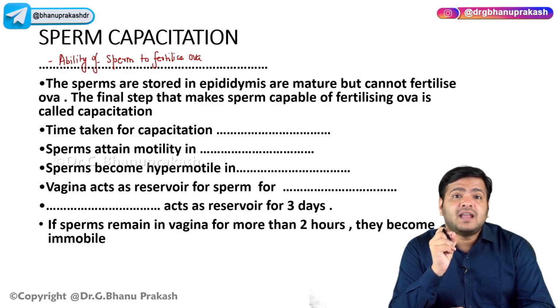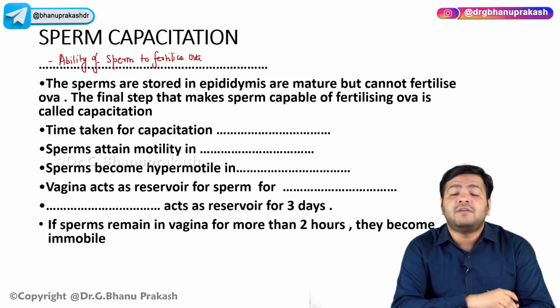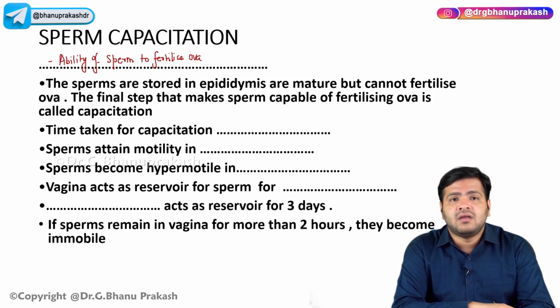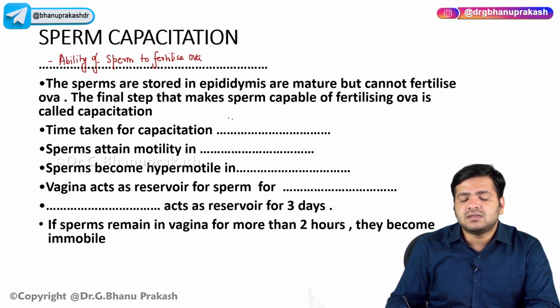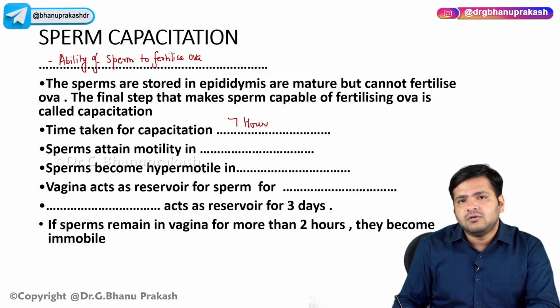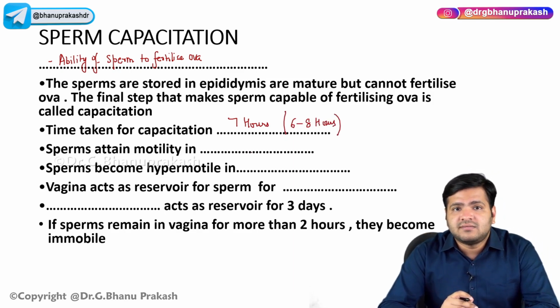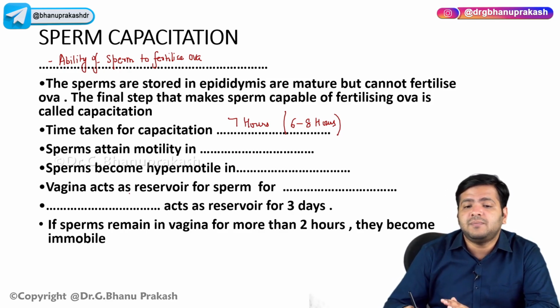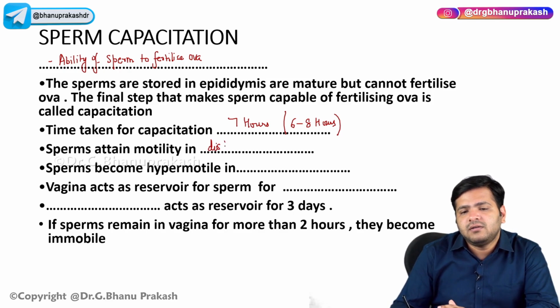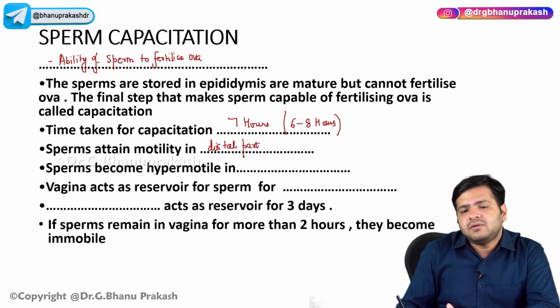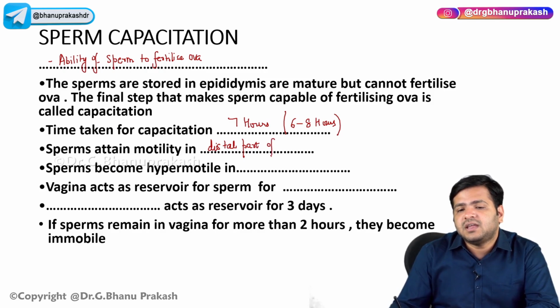The final step that will make these sperms capable of fertilizing the ova is called capacitation. The time taken for capacitation is around 7 hours, approximately 6 to 8 hours. Now you already know the sperms attain motility in the distal part of the epididymis, the caudal or tail part.